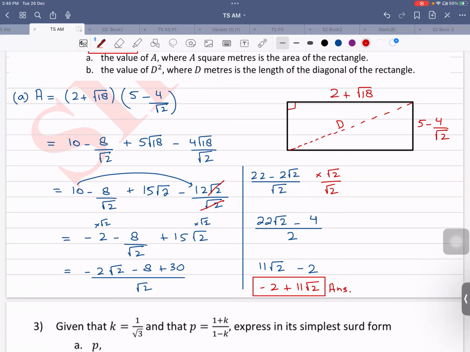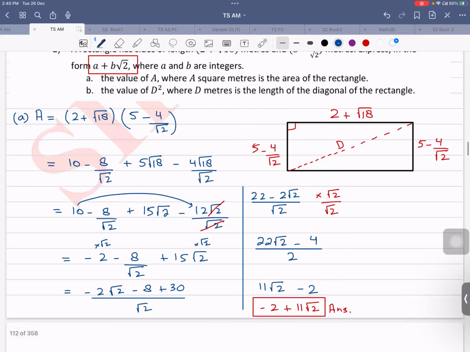First, we would find the hypotenuse. Wait, no. We would just find the hypotenuse. We would not square root it because we need the value of d square. So we are going to apply Pythagoras theorem. Okay, let's apply Pythagoras theorem to do the second part of this question.